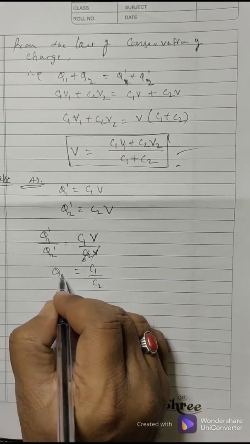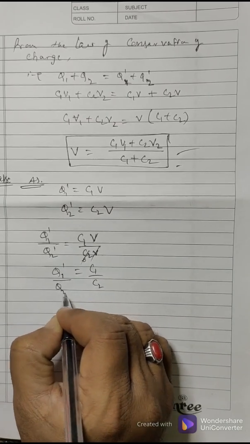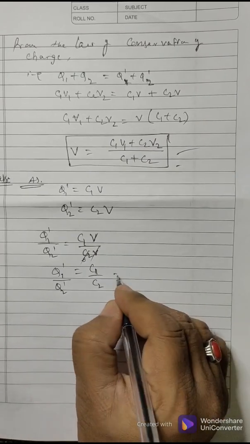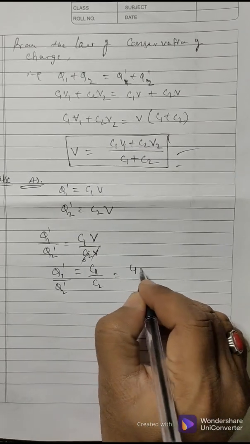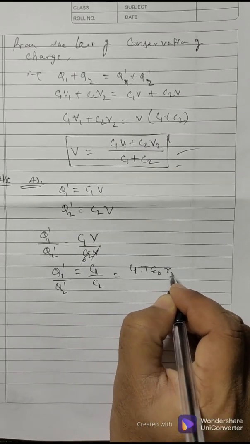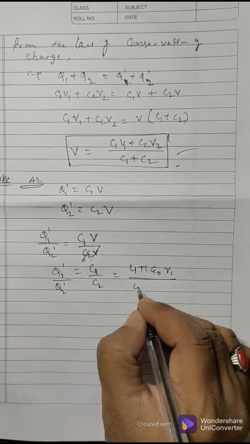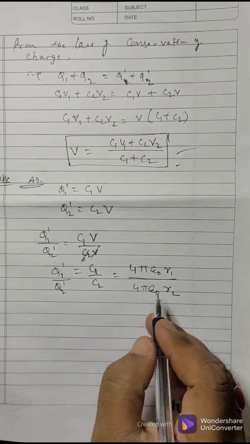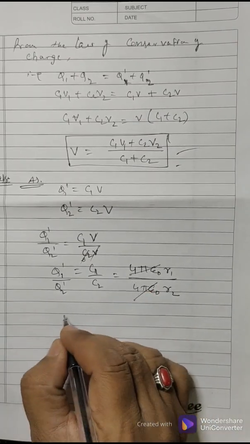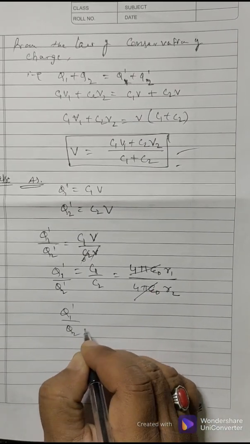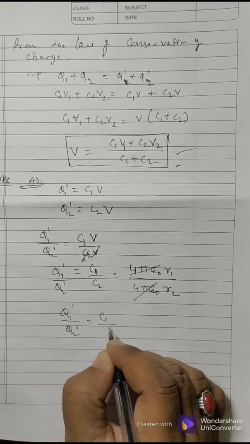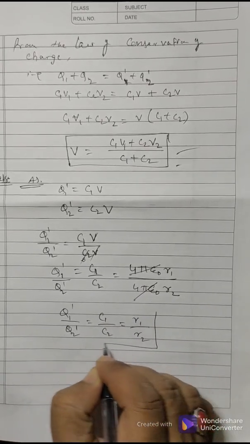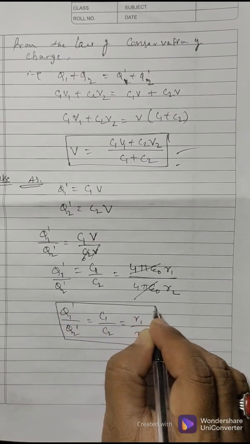We know the capacitance of a spherical conductor is 4 pi epsilon naught into R; for this one 4 pi epsilon naught R1, and for that 4 pi epsilon naught R2. We have already derived this formula. This will get cancelled. Therefore Q1 dash by Q2 dash equals C1 by C2 equals R1 by R2. So this is the relation among these parameters.